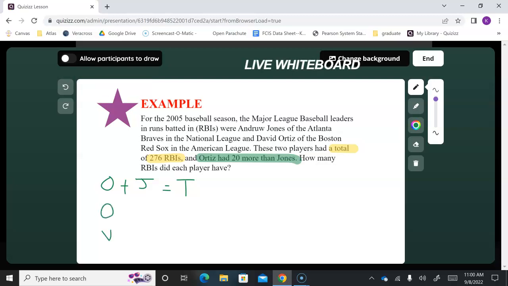I can define one of them in terms of the other. How could I do that? J is equal to O plus 20. So Jones is Ortiz plus 20. So Ortiz is Jones plus 20.